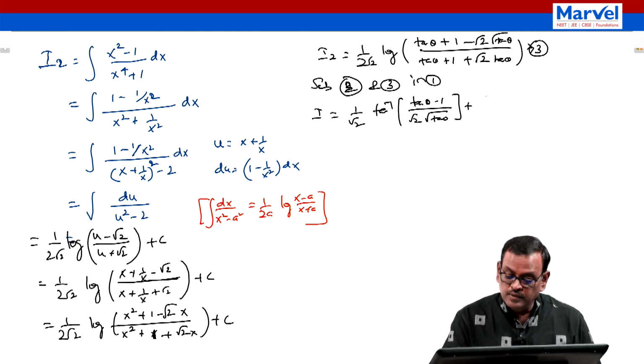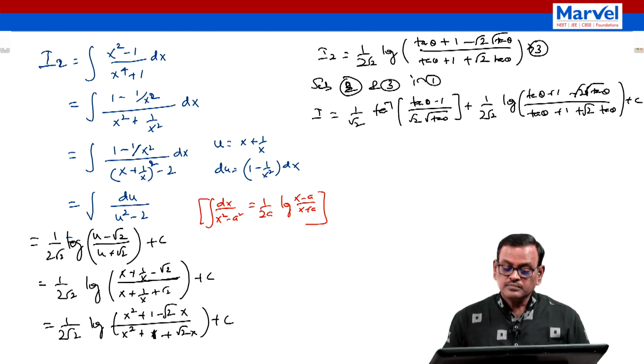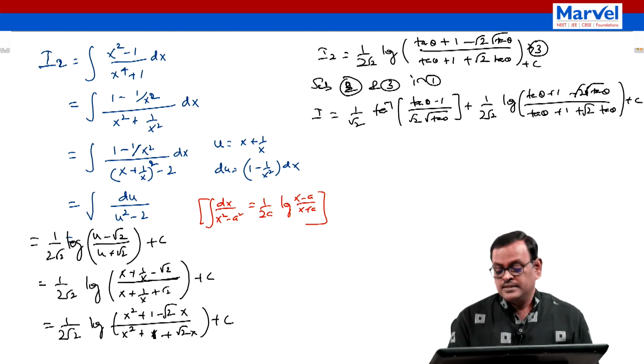I2 is 1 by 2 root 2 log of tan theta plus 1 minus root 2 into root of tan theta by tan theta plus 1 plus root 2 root tan theta, plus c. Yes, this is the final answer.